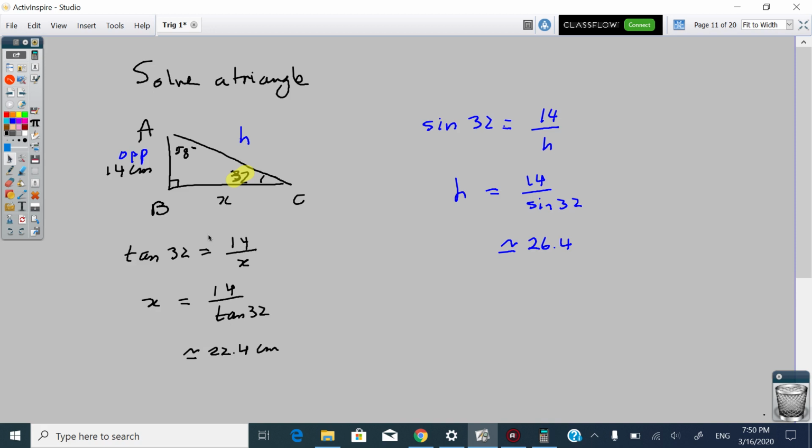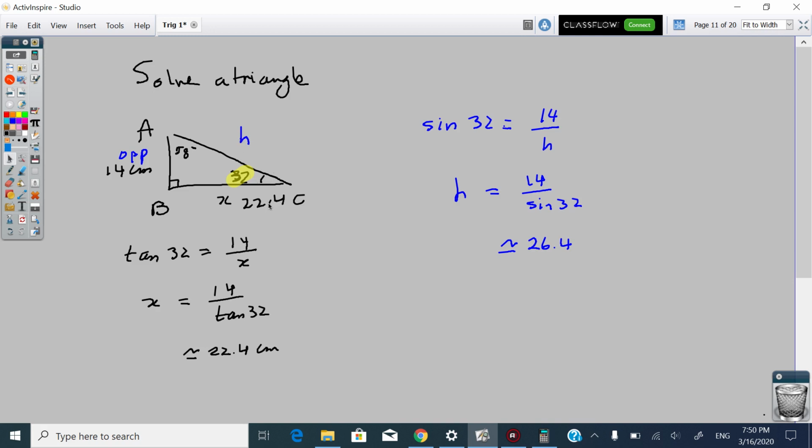Now once you establish that this side is 22.4 centimeters long, you can work out the hypotenuse using Pythagoras theorem. 14 squared plus 22.4 squared under the root, and that's your h.